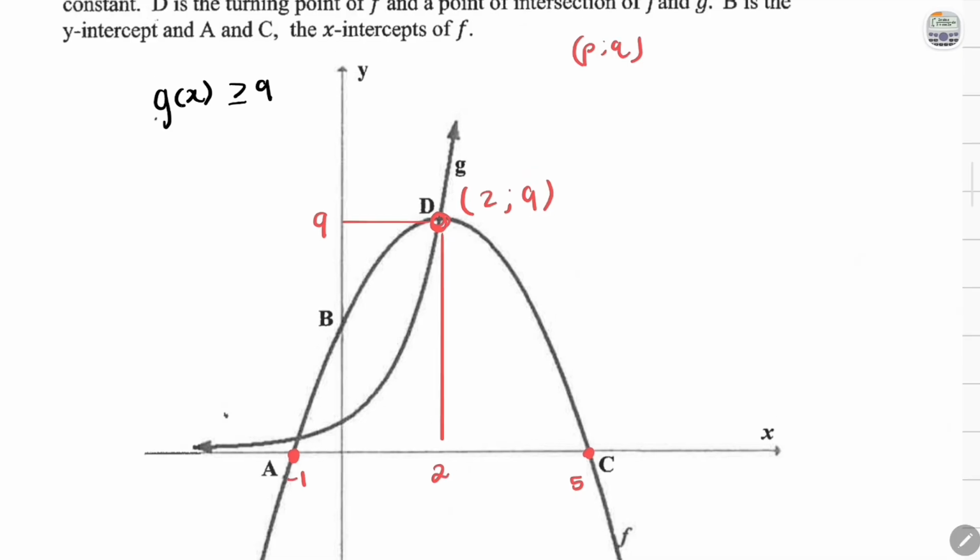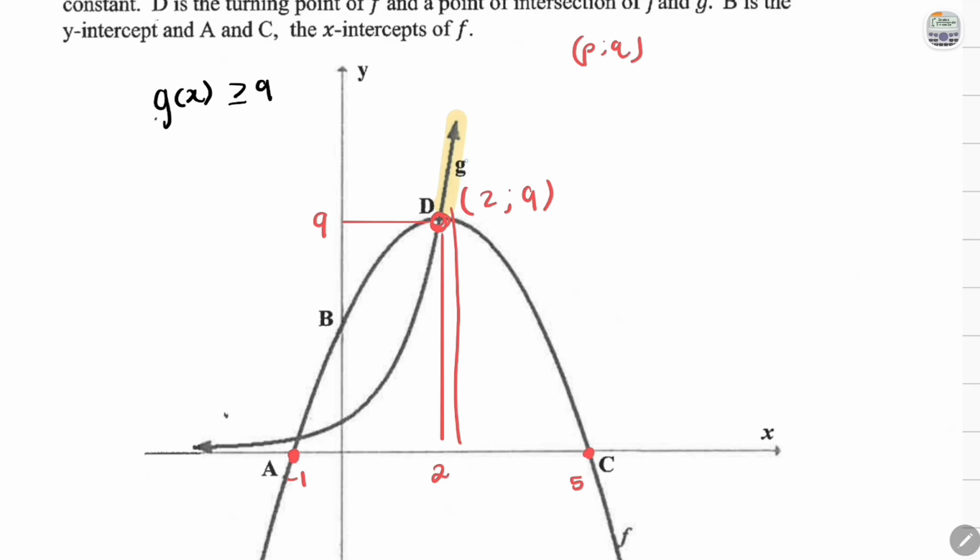So we want to find out where it is greater than 9. Where does the graph of g lie above 9? Or where does it have greater values than 9? It's definitely not below here. All of these map to values less than 9. It's all the way above here. So we're going to line that to the x-axis to better understand what this is. If you line it to the x-axis, it's shooting this way.